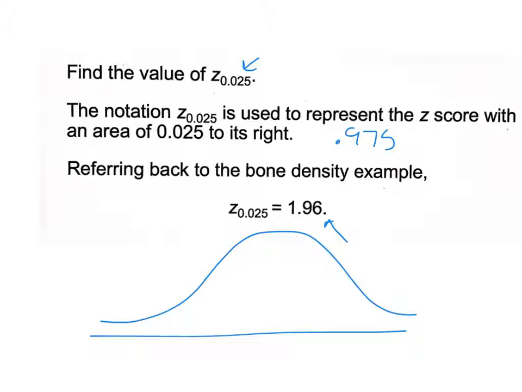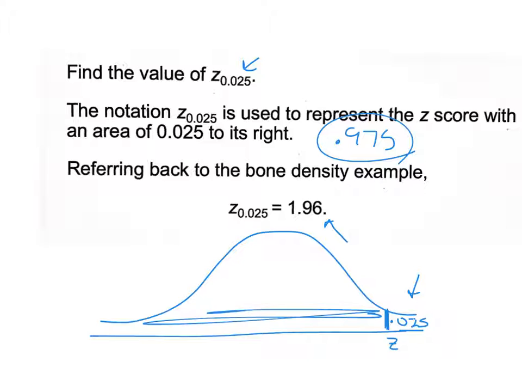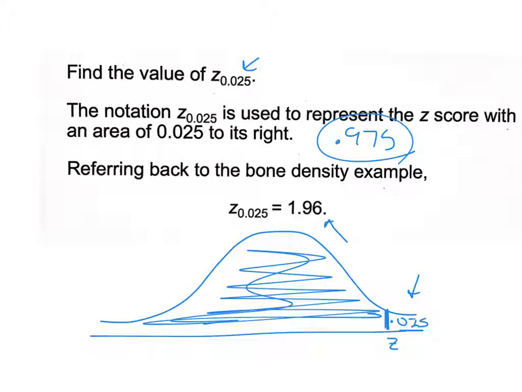It's basically asking for this area, 0.025, that much area to the right. So what I had to do is find a z-score for that part right there. I did not look up 0.025. I looked up 0.975, because remember, z-scores give you area to the left, or less than that. So that's how I found the 1.96, which is the same number we had a couple of slides ago.